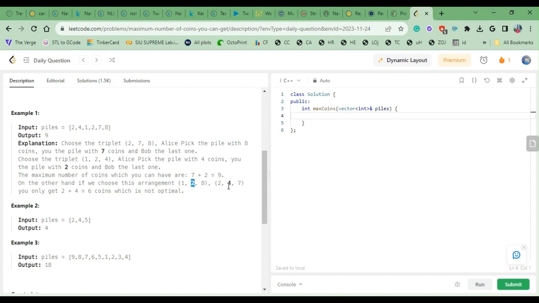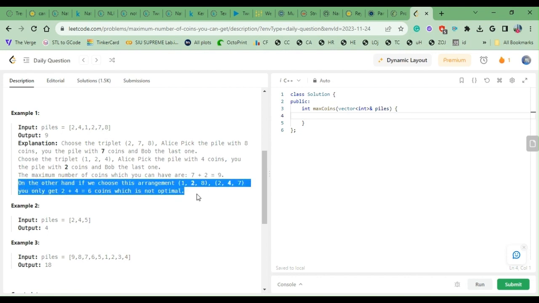So 2 plus 4, in total 6 coins. Earlier you picked 9 with the other solution, but with this one you can pick only 6. Which is greater? 9 is greater, so this solution is not optimal. Now you have to find the optimal solution where you can maximize your number of coins.